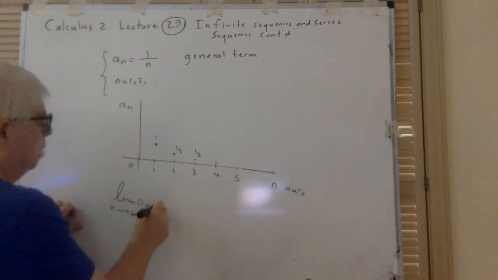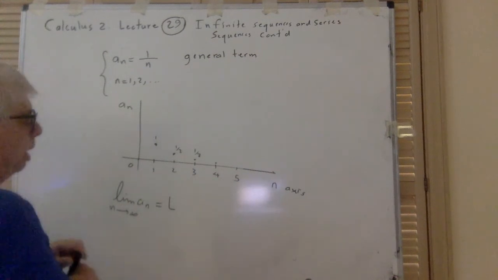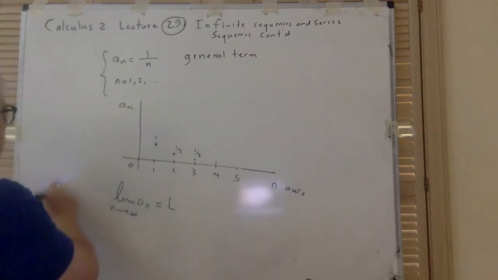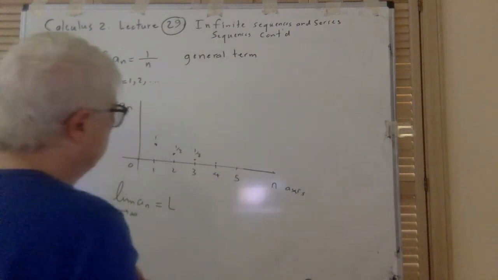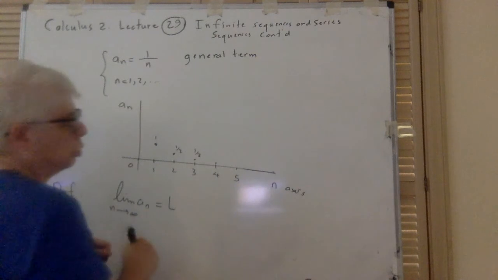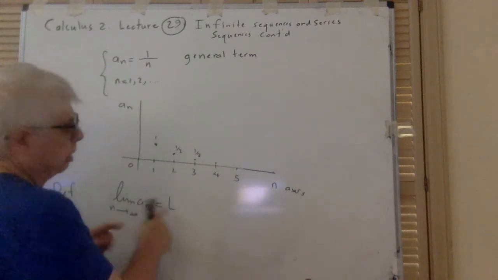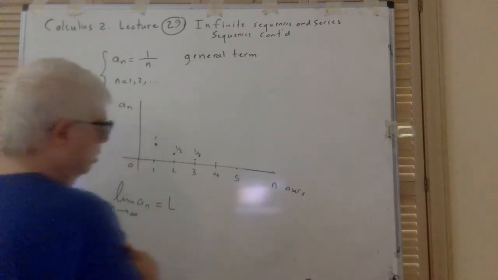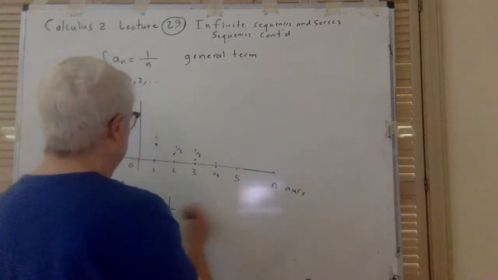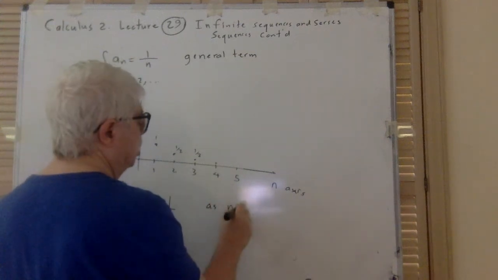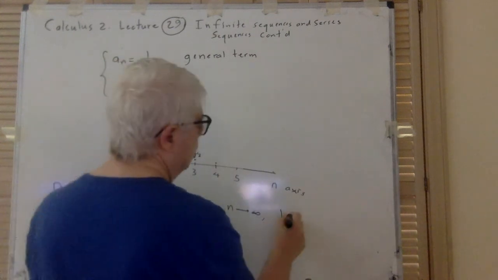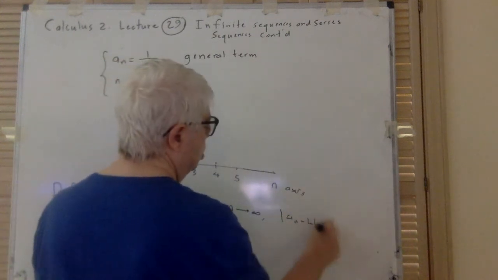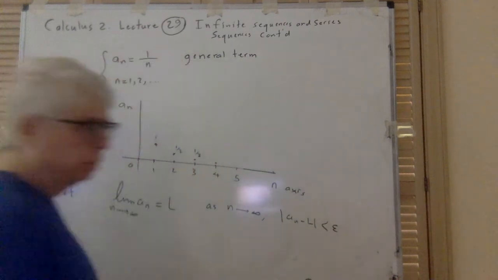We say that the limit of a_n is L if, as n goes to infinity, a_n gets closer and closer to L. That means as n gets large, a_n gets closer to L.